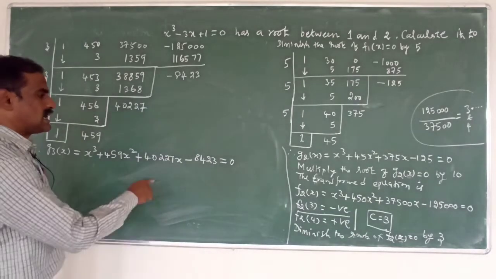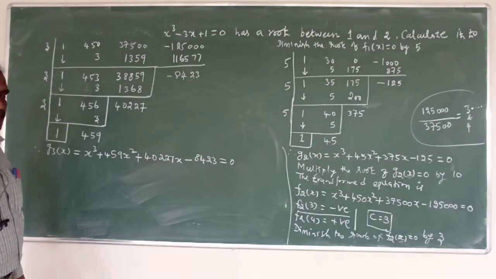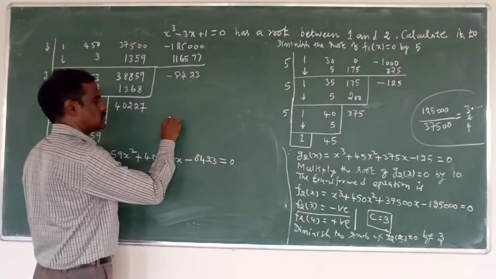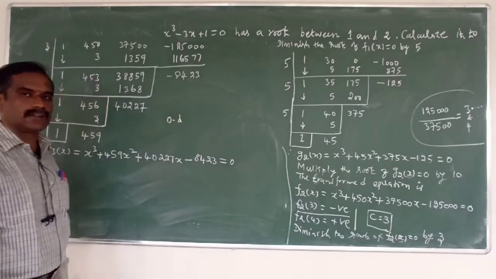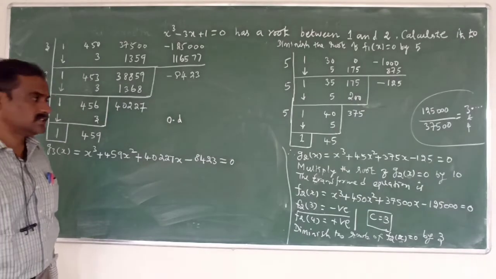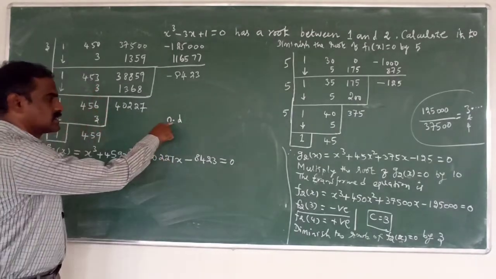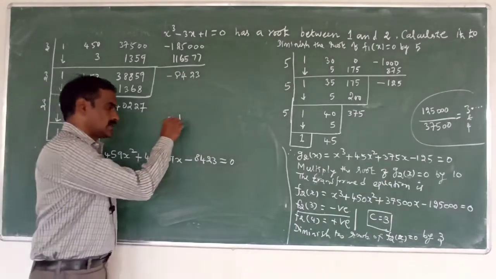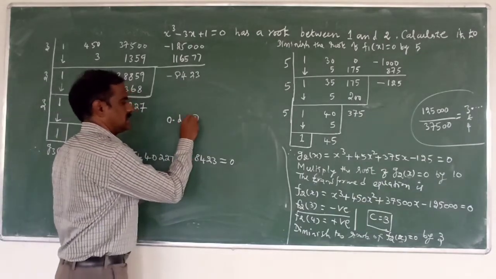Now to multiply this one by 10. Okay. Now here C value is 0 and 0 point D will be available. That is third decimal digit. Okay. After diminish, now 0 point D will be available. Now this one we have to multiply with 10.